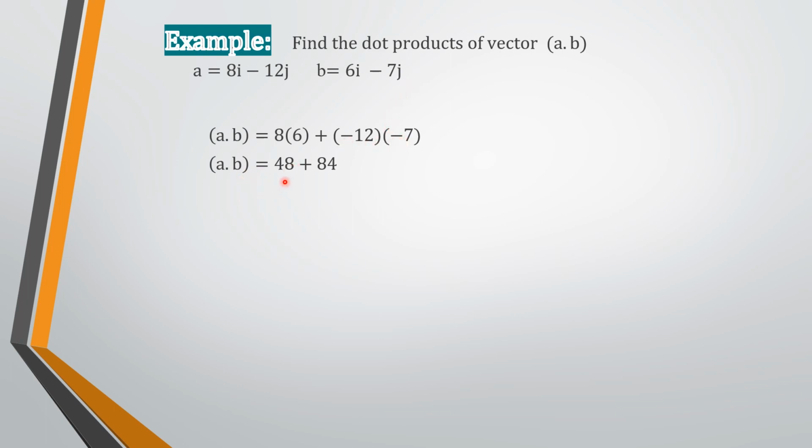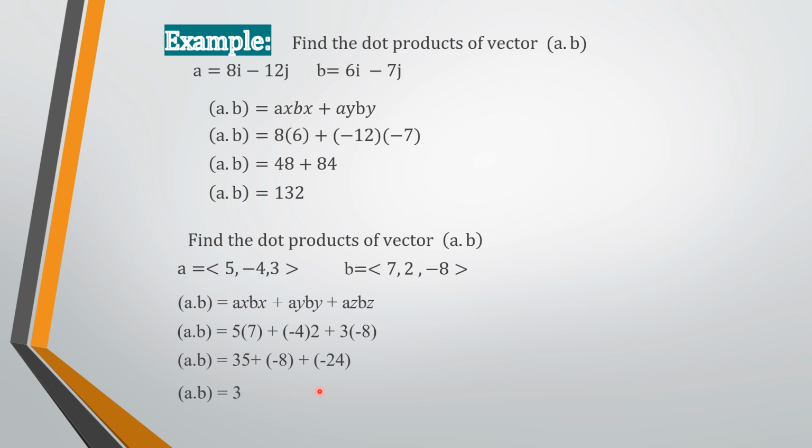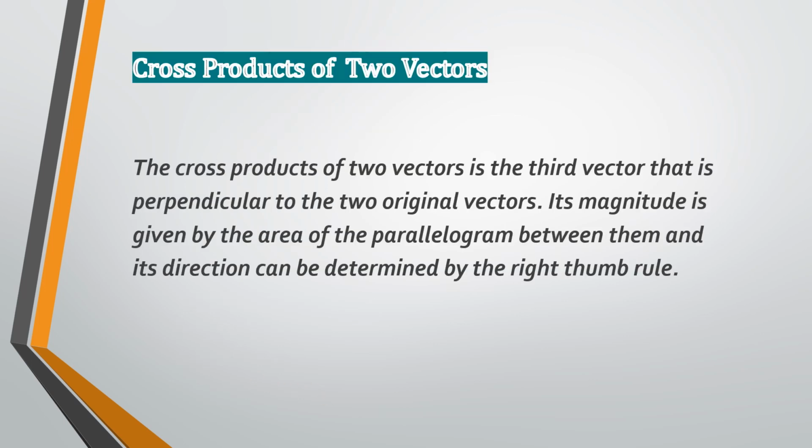So we have 8 times 6, which is 48, and negative 12 times negative 7, which is positive 84. So 48 plus 84 gives us 132. That is the dot product of vectors A and B.